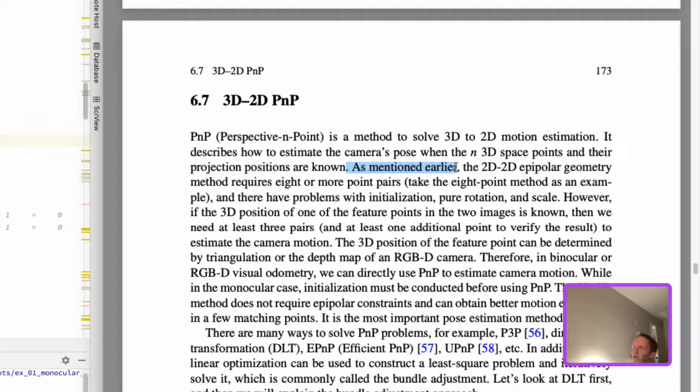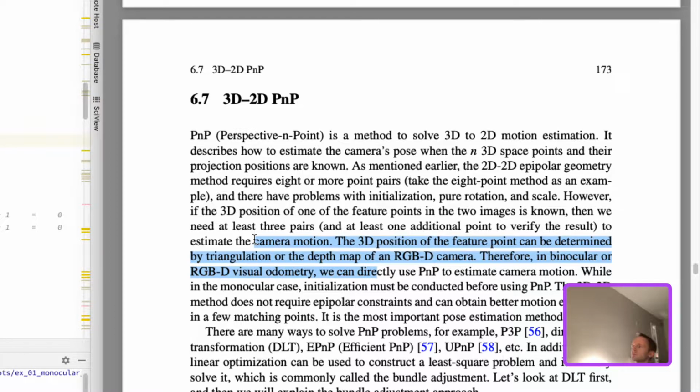As mentioned earlier, 2D epipolar geometry requires 8 or more points. So in binocular or RGBD, we can directly use PnP to estimate camera motion.